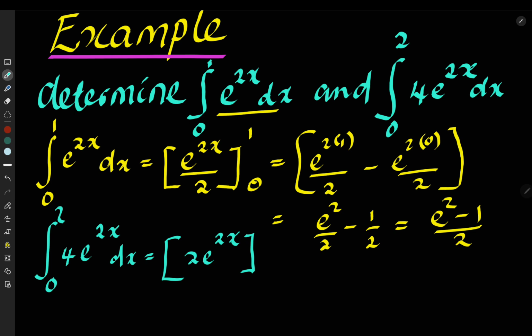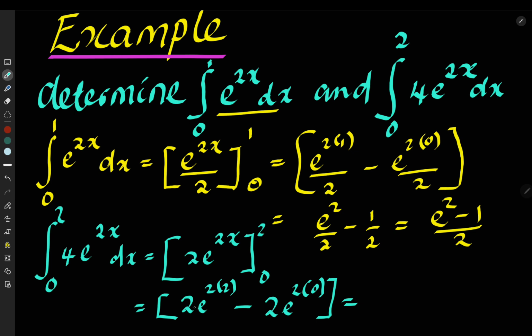Then there's no plus constant, remember? So it's also the limits 0 to 2, and that becomes, in a square bracket, 2e to the power of 2 times 2, minus 2e to the power of 2 times 0.